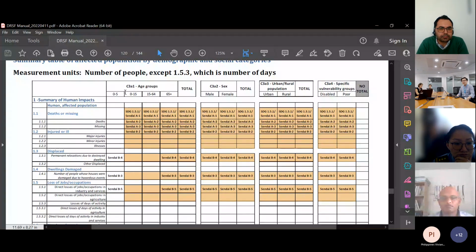Gender has a role in human impact statistics. Not that disaster impacts men more than women or women more than men, but because their socioeconomic responsibilities in different countries put them in different vulnerable positions, depending on which context we are talking about. So gender disaggregated information is also very important.